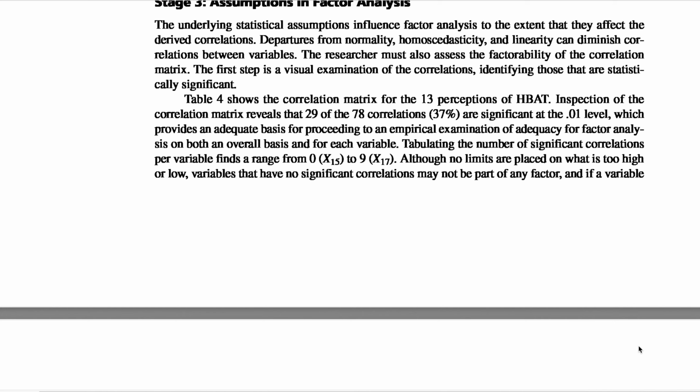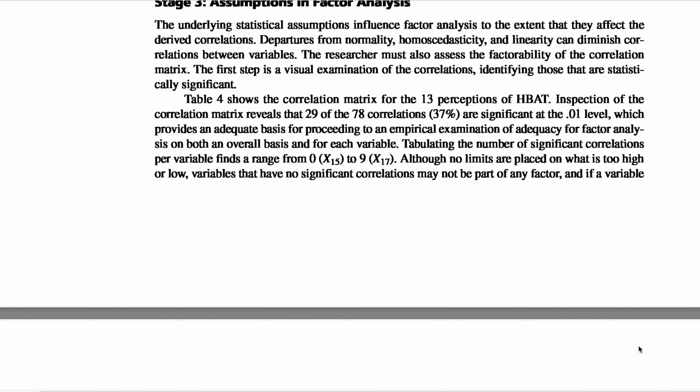Inspection of the correlation matrix reveals that 29 of the 78 correlations, 37%, are significant at the 0.01 level, which provides an adequate basis for proceeding to an empirical examination of adequacy for factor analysis on both an overall basis and for each variable. Tabulating the number of significant correlations per variable, we find a range from 0 for X15 to 9 for X17, although no limits are placed on what is too high or low.